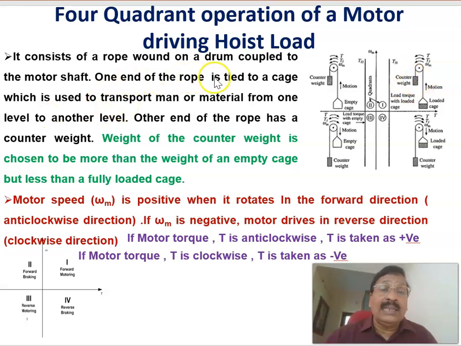Here, one end of the rope is tied to the cage. This cage is moved up and down, and is used to transport man and material from one level to another level. The other end of the rope, on the drum, has the counterweight.